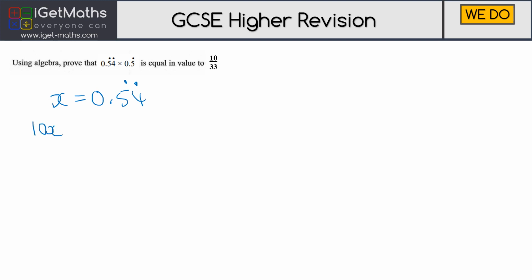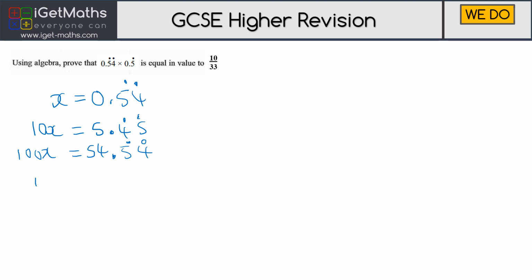So a 10x will give us 5.45 recurring. A 100x is going to give me 54.54 recurring. And we can see that the .54 recurring is the same on the x and the 100x, so we can subtract that.